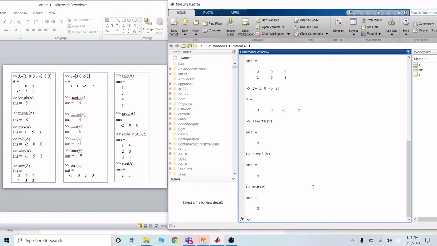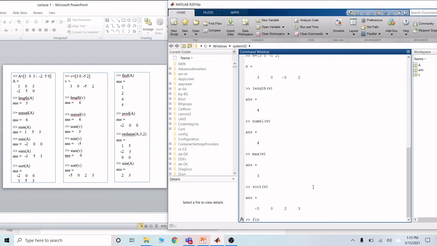In sort, the row will be in increasing order, because there is only one element in each column, so the sort command will be applied along the row: -2, 0, 2, 3. Okay.